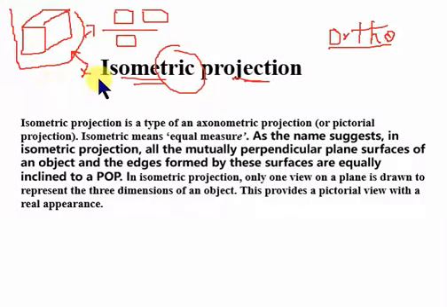Then we have the isometric plane, which we have discussed. Non-isometric plane means the planes which are not parallel to the isometric plane. Those we call non-isometric planes. Then finally we have the origin or the pole point.